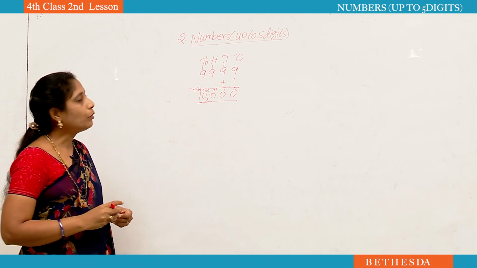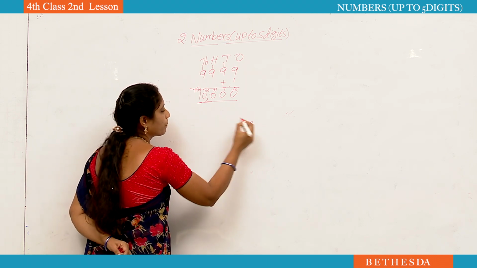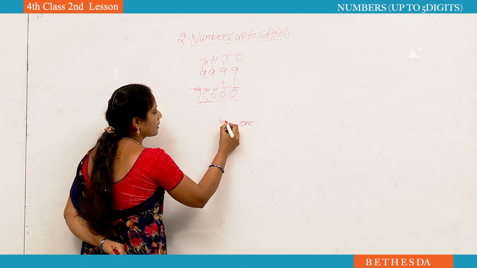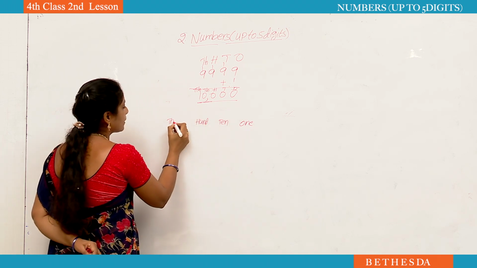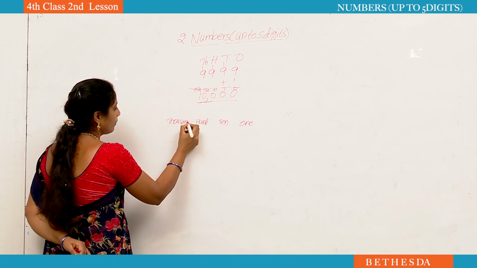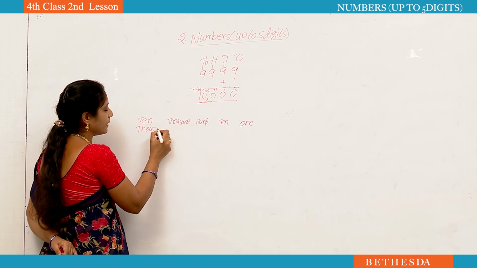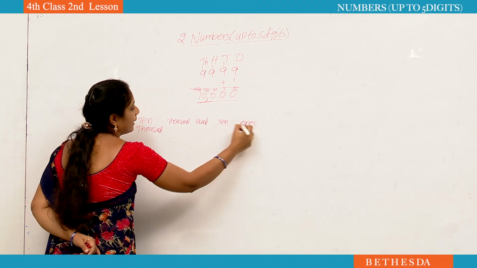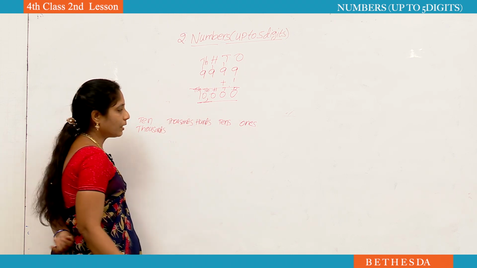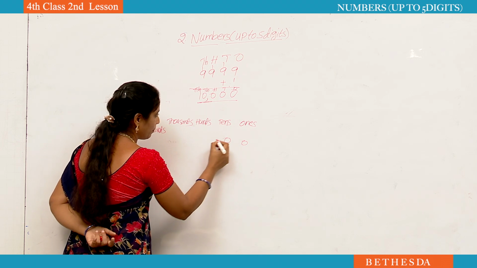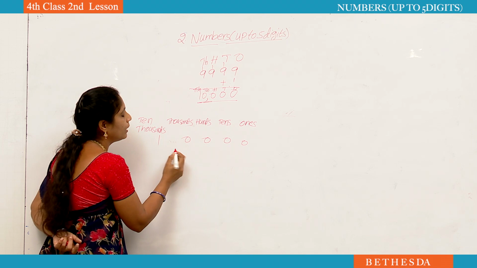See here, first ones place, tens place, hundreds place, thousands and 10,000. These are the 5 digits. Ones place 0, tens place 0, hundreds place 0, thousands place 0. Here is 1.